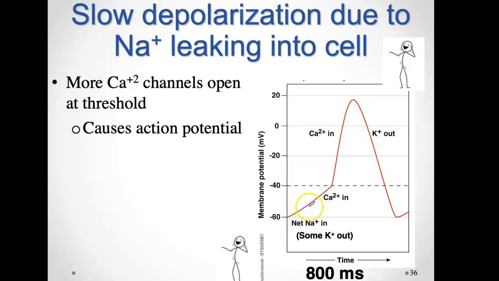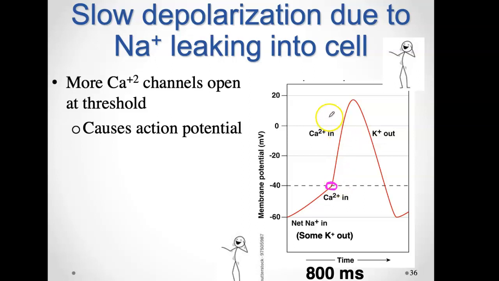It leaks in, a little bit leaks in, and then when it hits this section here, now it's going to open a whole other set of channels that we haven't talked about before. It's a calcium channel, kind of like the one we talked about, insulin. Right? And it opens at that threshold, and that's what's going to cause the action potential.